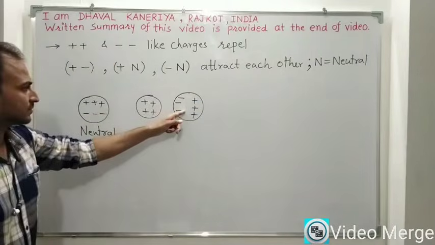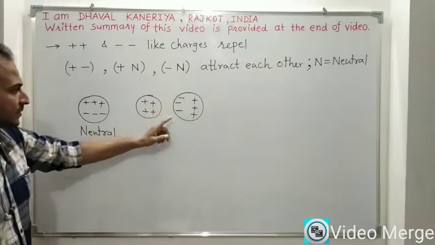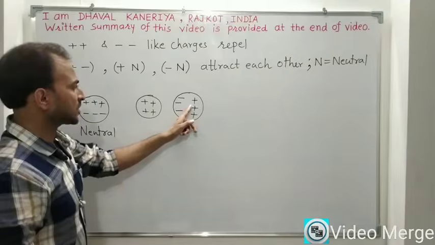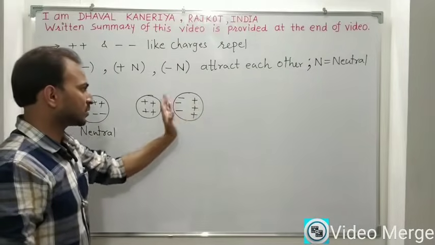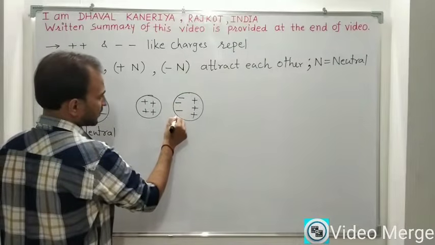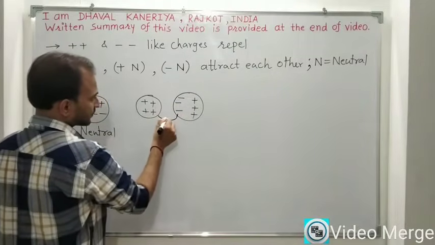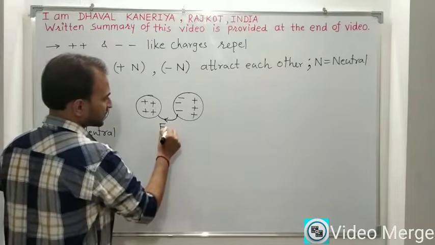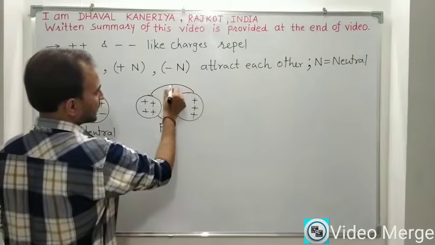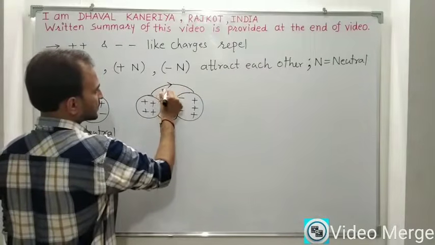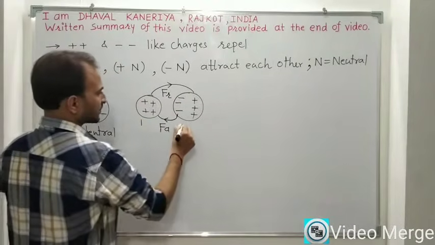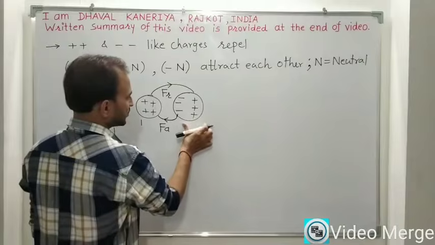All three negatives will come on left side because of minus plus attraction, and plus plus repulsion will send these positive charges on right side. So plus minus attraction, okay, this is attractive force Fa, plus plus repulsion, this is repulsive force Fr. This is body 1, this is body 2.